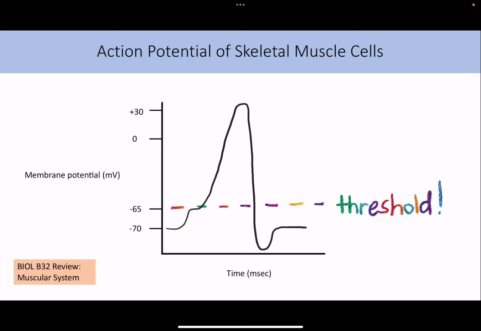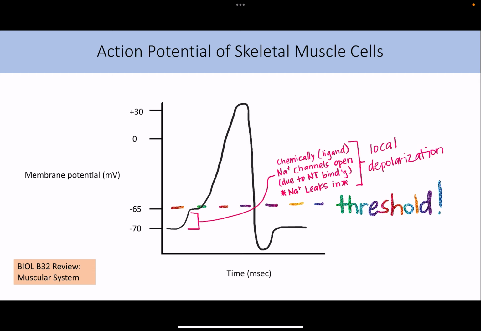So this is a review of the regular action potential from our skeletal muscle cells. For skeletal muscle cells, after acetylcholine binds, that opens up these ligand-gated sodium channels and sodium leaks in. So we're going to get closer and closer to our threshold.